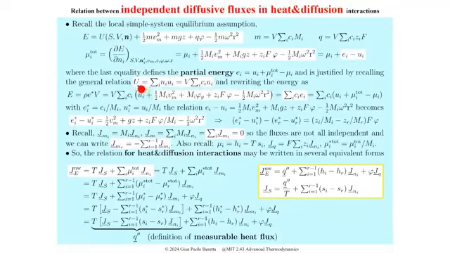In fact, you remember that in general, before we make any assumptions about the mixture being ideal or non-ideal, we defined the partial properties. And this is the partial internal energy, which is related to the total internal energy by this summation, which you can also cast in terms of concentrations, C sub i.